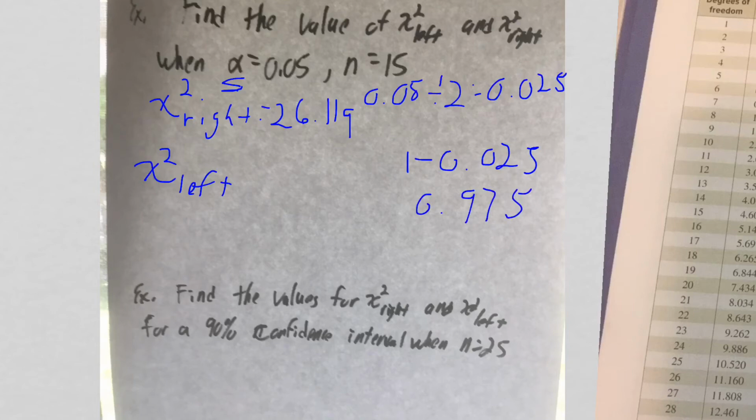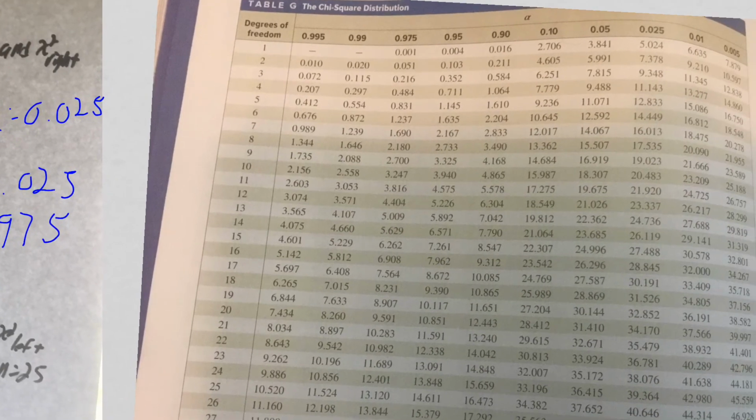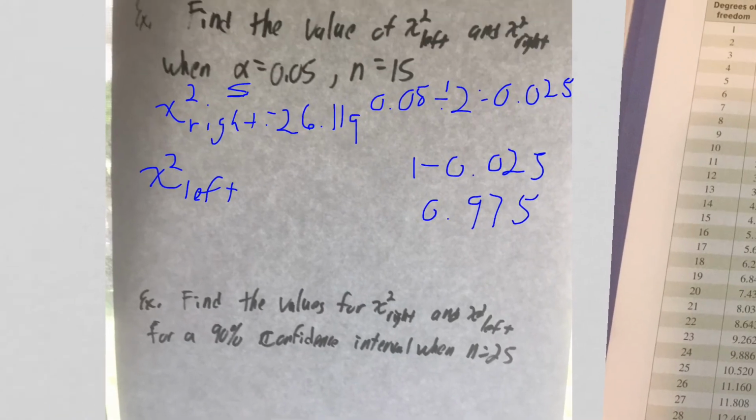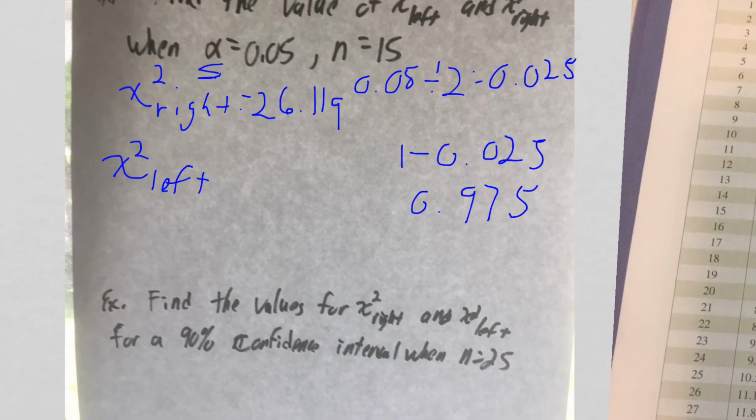We're going to look that up over in the table here. Again, degrees of freedom of 14, and then we see up at the top 0.975, so we go down at 14, and it's 5.629. So my chi-squared left is 5.629, and that's how you read the table.